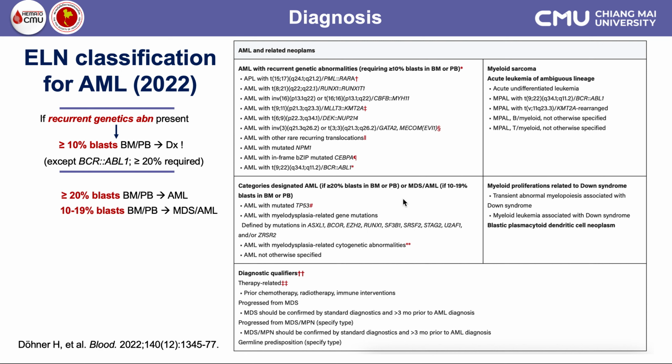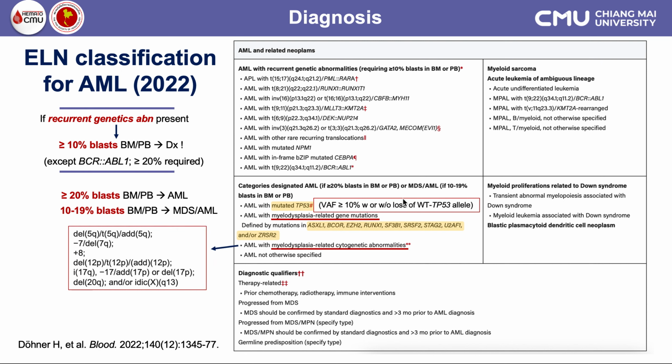Moreover, TP53 is a distinct feature of AML and MDS with increased blasts. The molecular tool for determining the variant allele frequency or VAF of the mutated TP53 is crucial. Furthermore, myelodysplasia-related gene mutations, defined by mutations of genes such as ASXL1, BCOR, EZH2, RUNX1, SF3B1, and so on, without any chromosomal abnormality can be classified as AML, myelodysplasia-related.